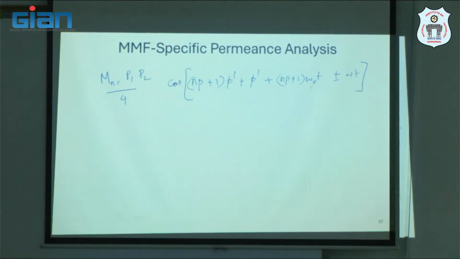So this is cos of (A plus B)/2, plus I will have minus P1 P2 by 4 cos (A minus B): (NP plus 1) phi dash minus phi dash plus (NP plus 1) omega t plus or minus omega t.